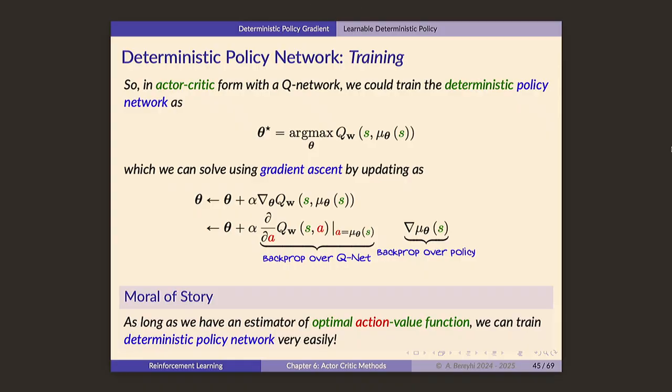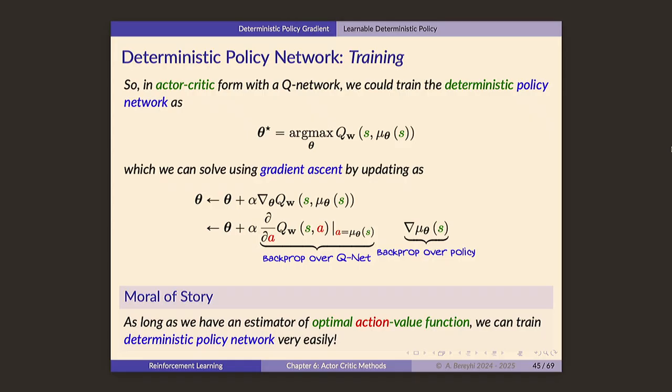Everybody's cool about that? So this is the Q value, Q_W, that you get for the state and any action. Now I take the derivative with respect to the action, times the derivative of the action with respect to the parameters of the policy network. That's just a simple chain rule.